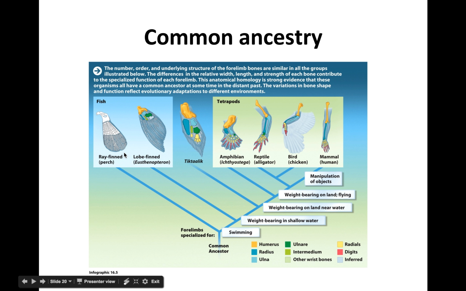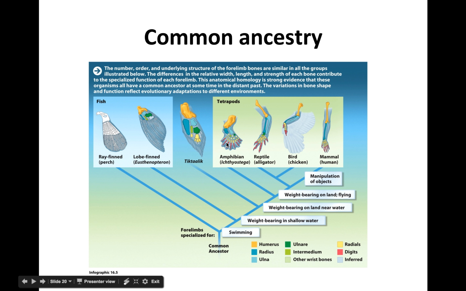So fish, you have the fins, and then you have the lobe fins, which again are fin-like features, but then they have these little joints. Here's your Tiktaalik, which has fins and lobe fins, and it's kind of progressing more and more.